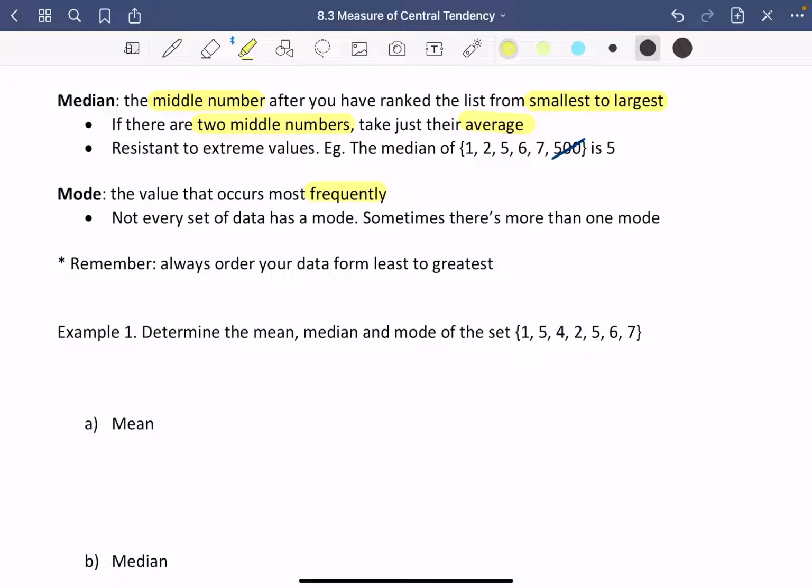And sometimes there is more than one mode. Let's say we have a list of 10 data, and two of them occurred 5 times. Both occurred 5 times. Then the mode will be those two numbers. So you can have more than one mode as well.